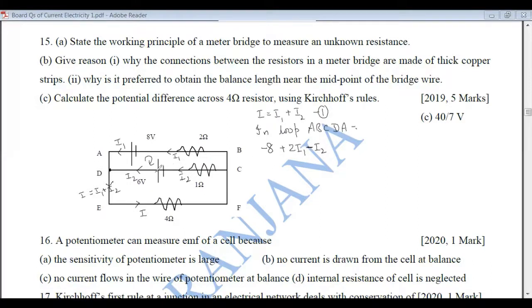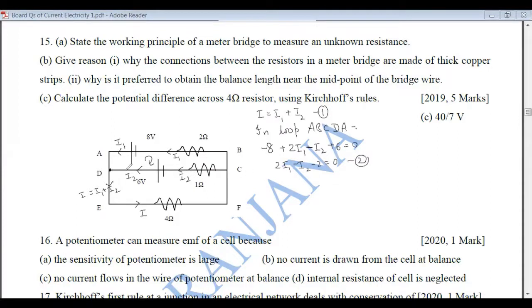Then the next is the 6 volt battery. As we are moving from negative to the positive terminal inside the cell, this 6 will be taken as positive. Plus 6 is equal to 0. So 2I1 minus I2 minus 2 is equal to 0. This is equation number 2.